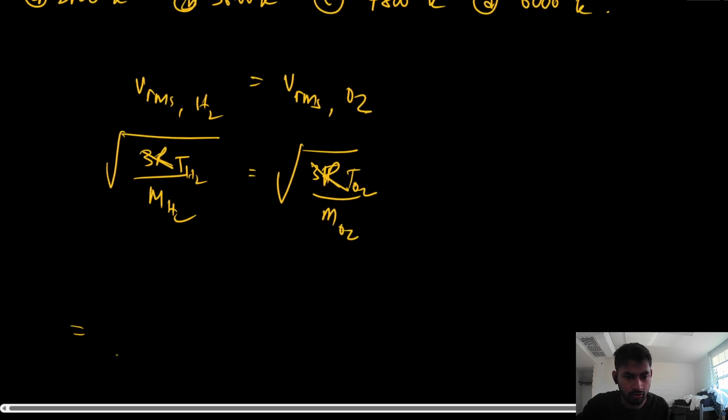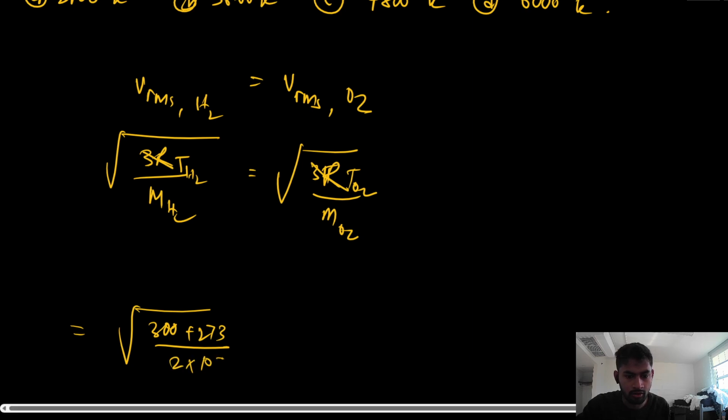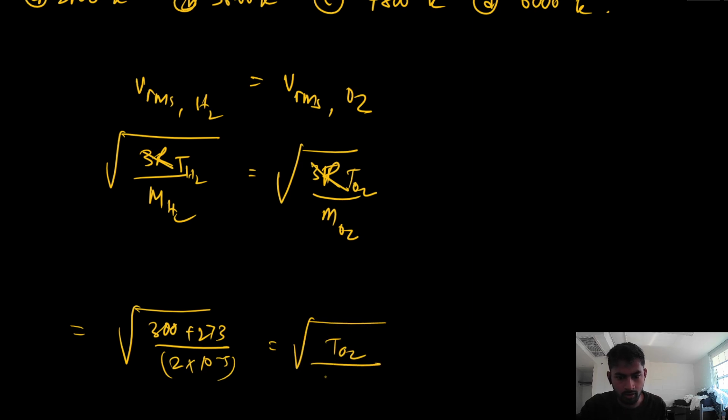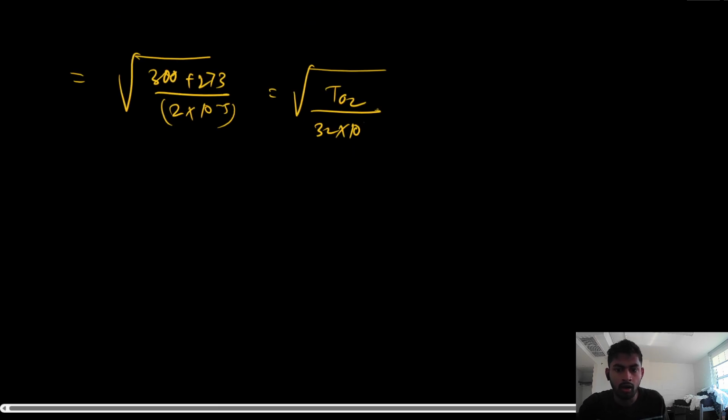So T for hydrogen would be 300 plus 273 kelvins, and the mass of hydrogen H2 is 2 times 10 to the power minus 3 kilograms, which would be again over TO2, what we are supposed to compute, and the mass of oxygen would be 32 times 10 to the power minus 3 kilograms.